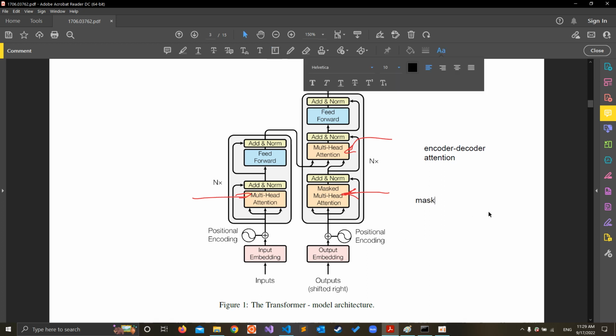This was the encoder-decoder attention, this was the masked attention in the decoder, and this is the attention in the encoder.